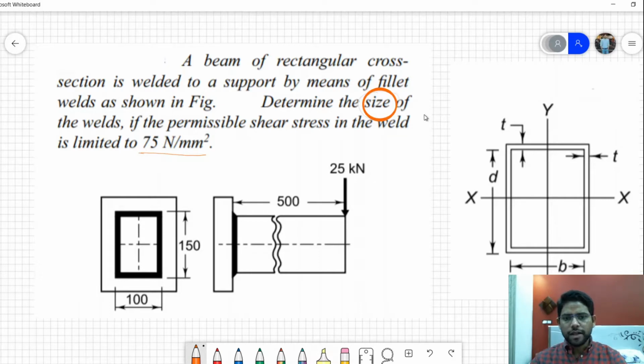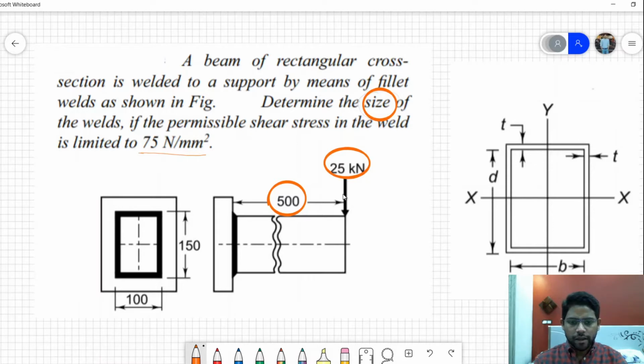Now first of all, let's see where the load is acting. The load is acting with some eccentricity which is equal to 500 mm for this question, and the magnitude of the load is 25 kilo newtons. Since the load is out of the plane of the welds, it is not in the same plane as that of the weld.